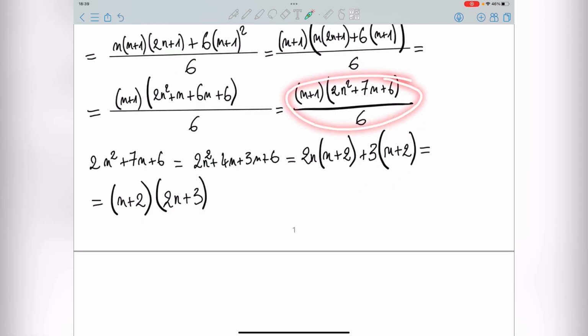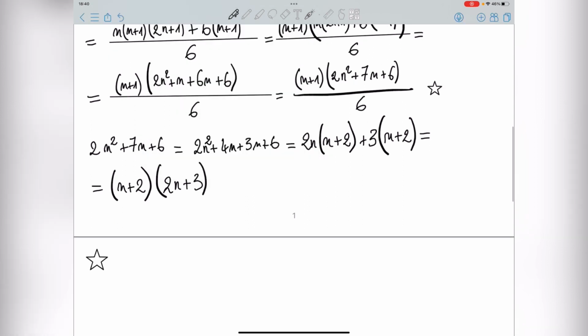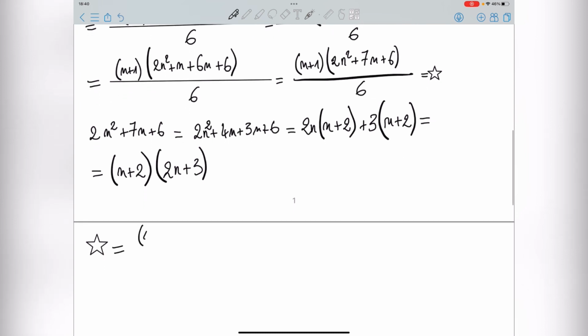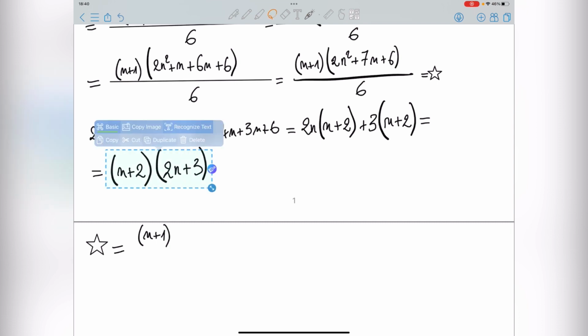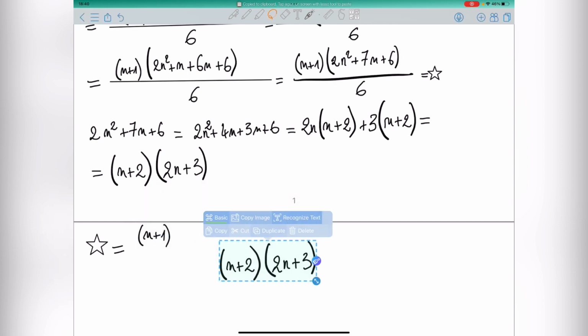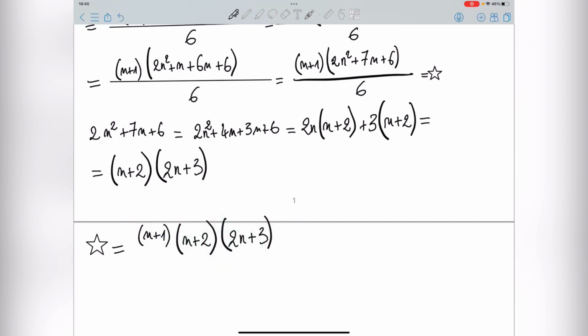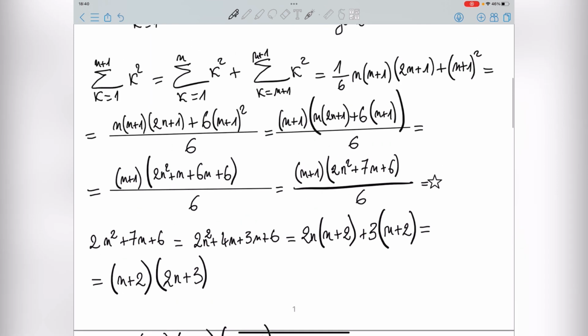Now we can write this by substituting this, right? We were left here with n plus 1 times this, all over 6, and this is our goal.